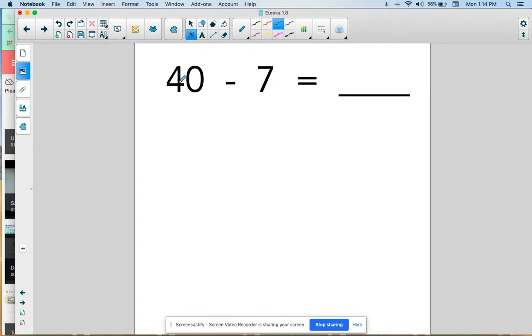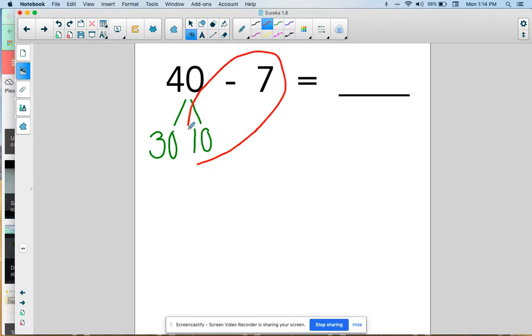So if I'm looking at 40 minus 7, I can split 40 into 2 parts. And I'm going to take one part as the 10. And I like to put that 10 on this side so it's closer to my next number. And if I took 10 from 40, I'm left with 30. So now I can say, well, 10 minus 7 is 3.